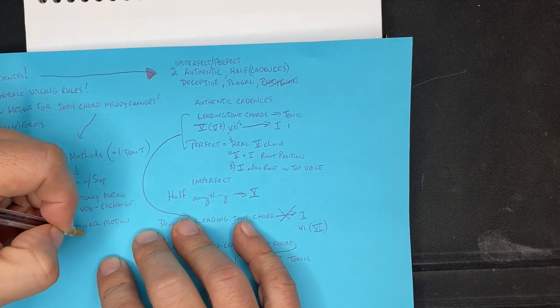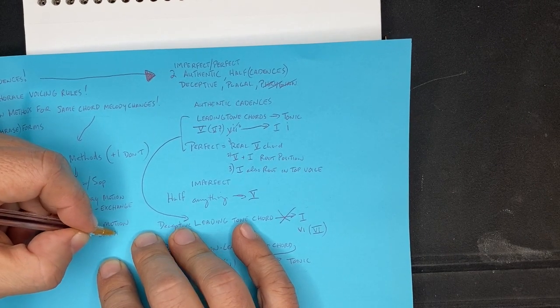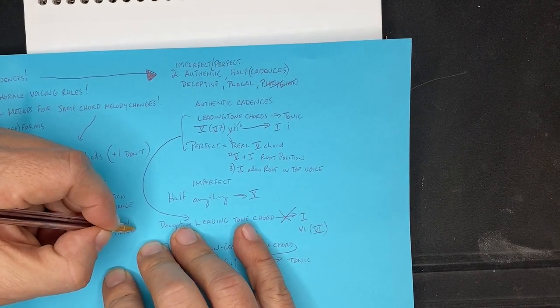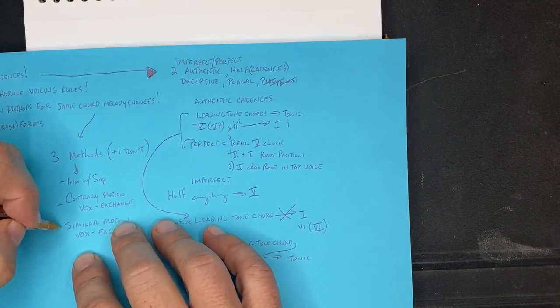Voice exchange, and again, you're going to want to keep these straight as we learn them. These are the first ones we did, and we've even written some music with it, and hopefully this is helping you remember.